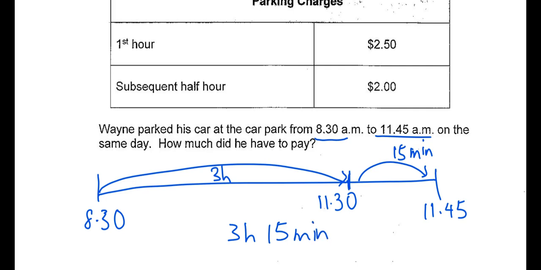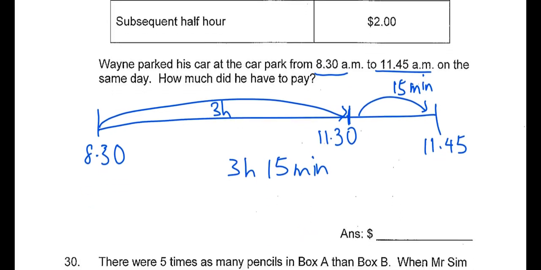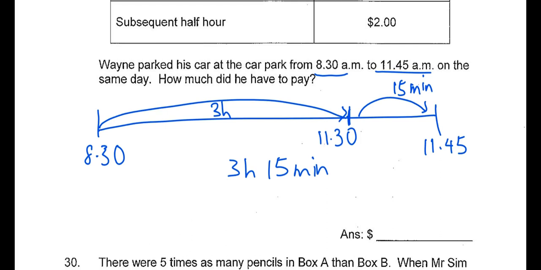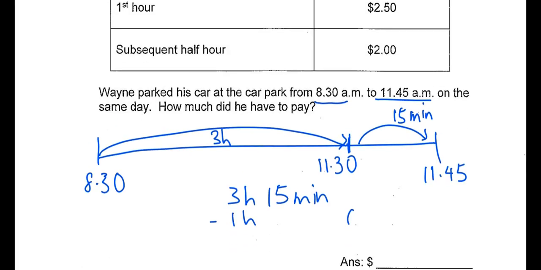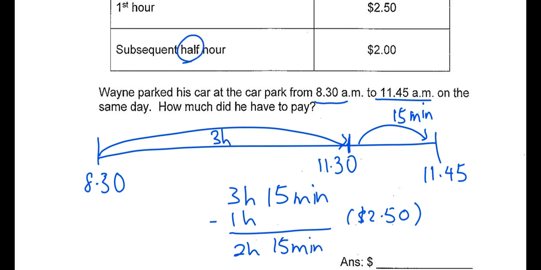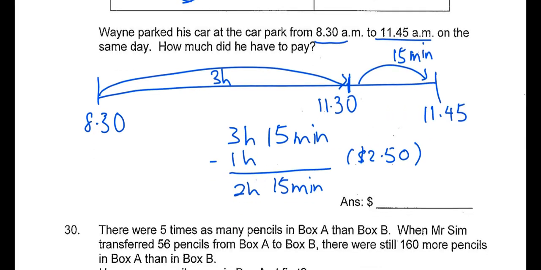Okay. Now, first hour, $2.50. So I'm going to minus off 1 hour because that's what she's going to pay, $2.50. Alright, now that leaves you with 2 hours, 15 minutes more. Okay. Now, subsequent half an hour. So how many half hours are there in 2 hours?